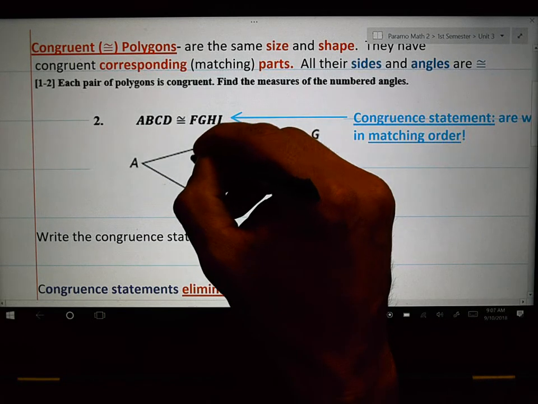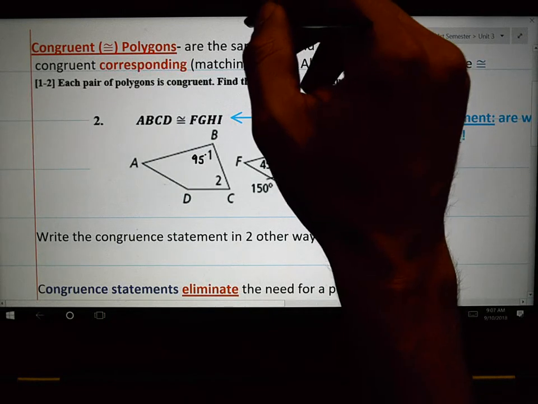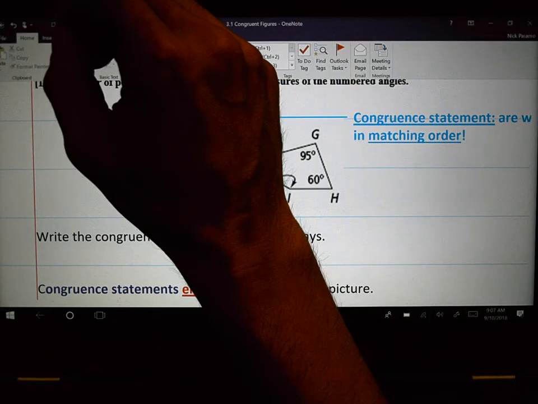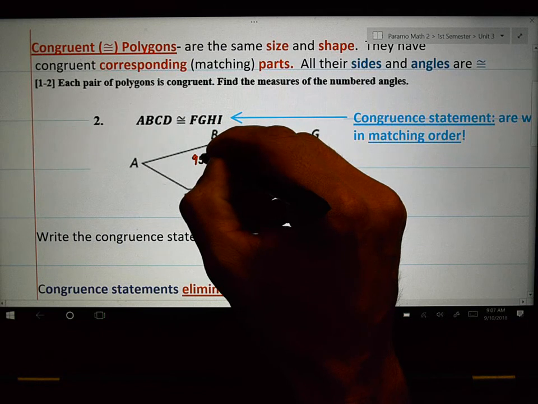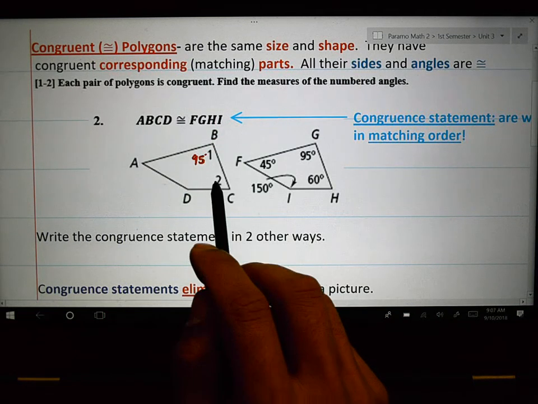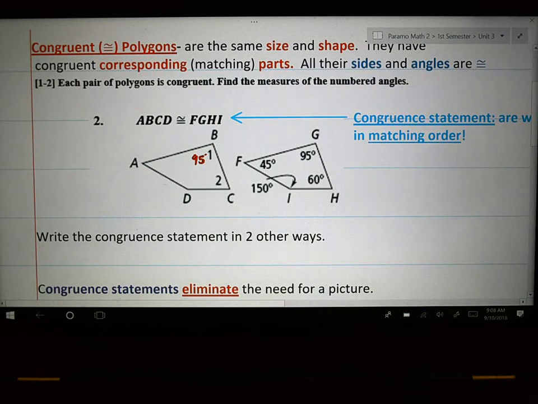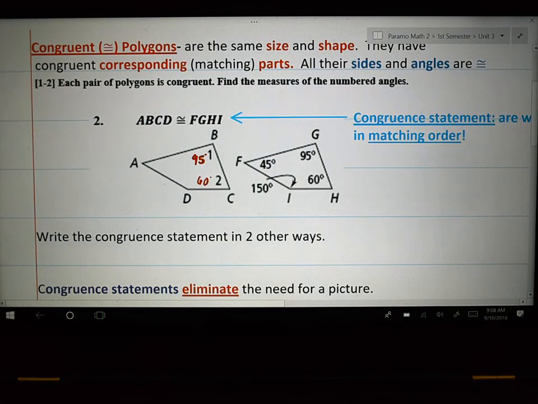If you said 95, you are correct. Let me write that in red. If you know the measurement for angle 2, otherwise known as angle C, what's its measurement? Say its measurement out loud, please. 60 degrees. You are correct.